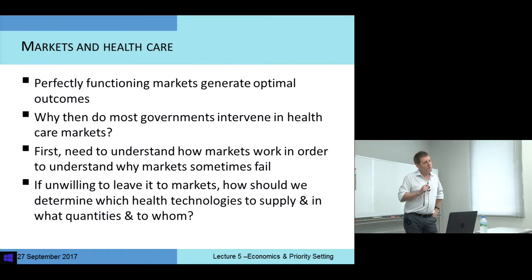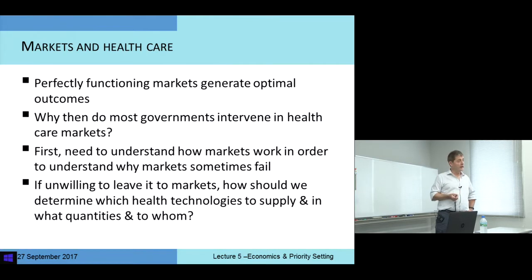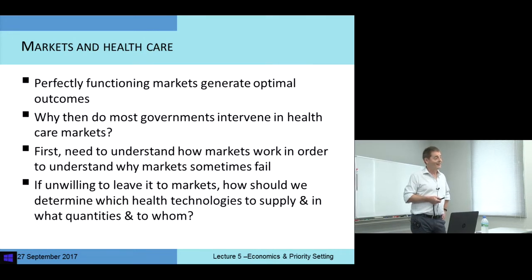Well, under a number of assumptions, if markets are functioning perfectly, they will produce optimal outcomes. They are wonderful creatures, the market, seemingly without any effort or energy or resource.